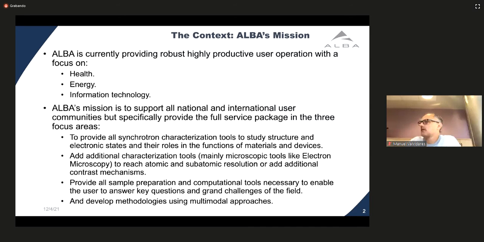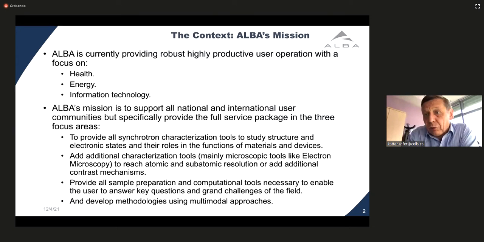And our mission at ALBA is really twofold. On one hand, we have to support, obviously, all Spanish and all international users. But on the other hand, we also want to have some kind of leadership and specifically support some focus areas. So these 3 areas that I mentioned before.